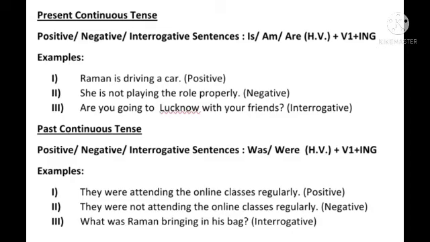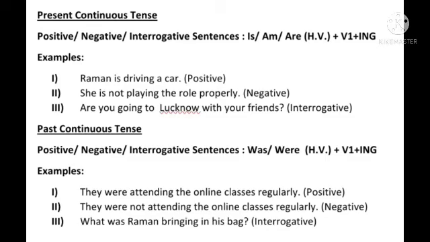Examples are: they were attending the online classes regularly. It's a positive sentence, and if the same sentence is to be converted into negative, we just have to place not between the helping and main verb. They were not attending the online classes regularly. What was Raman bringing in his bag?